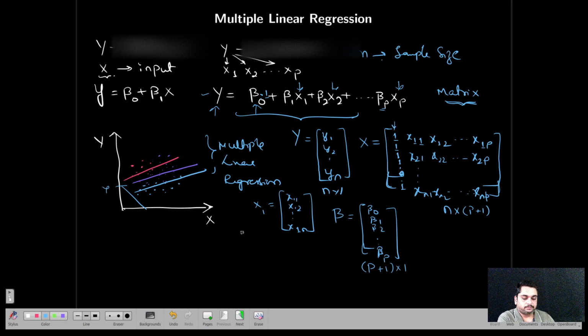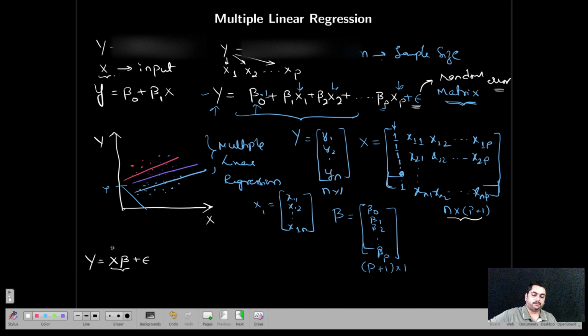So how can I write this now in the matrix form? Y is equal to x matrix into this beta column plus some error. So there is some error already there. This is called random error. I have already seen this. It is a random error which is inherent in the system. Now, the order of multiplication should match, right? The number of columns in x should be equal to the number of rows in the beta vector. Otherwise I cannot multiply.